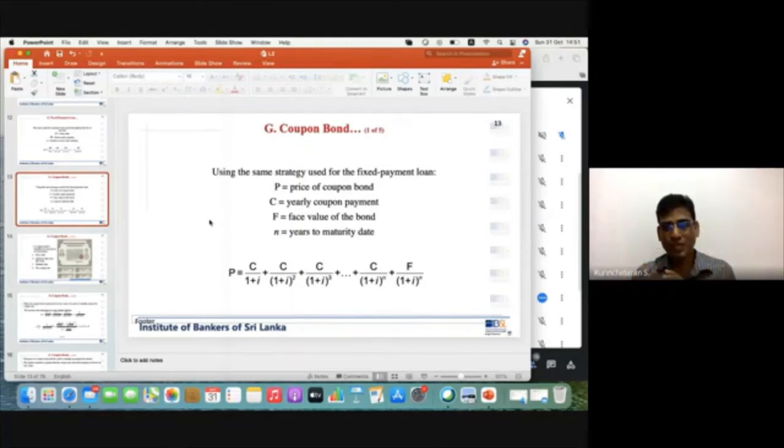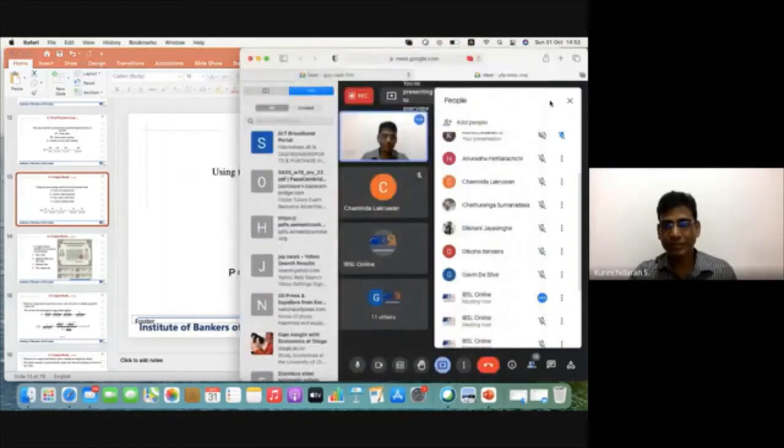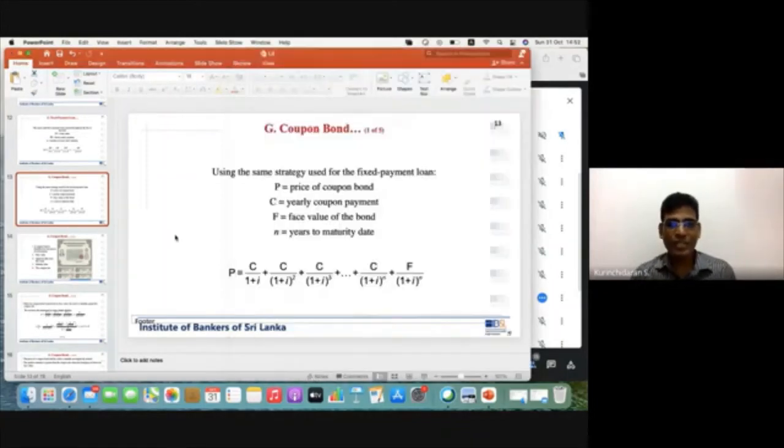That is your face value, right? And the years to maturity may be a 3-year bond or 2-year bond. That's the bond maturity, or period, tenor.